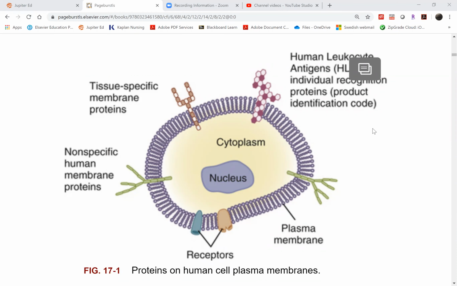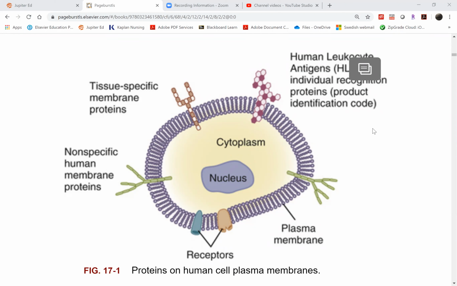So let's say Miss Bulger, for instance, Miss Bulger's cells have a unique protein ID. All the cells in her body have the same protein ID on the cell surface.